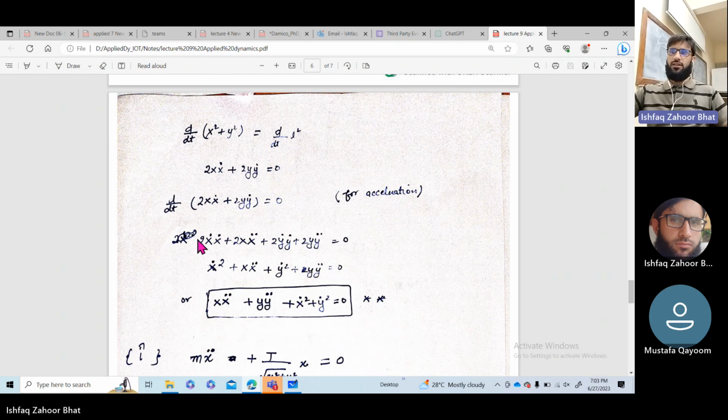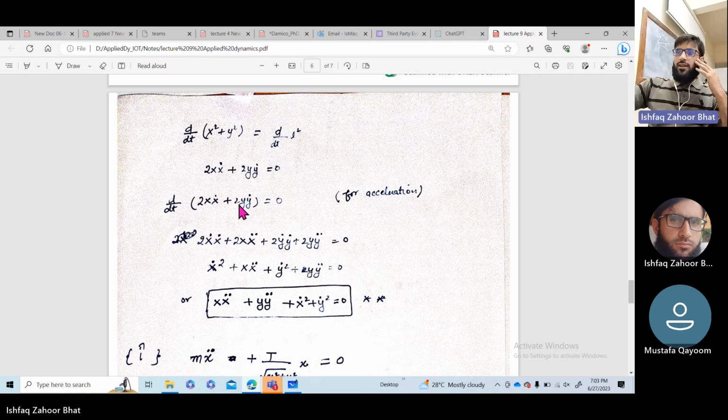Differentiation of the first gives 2 x dot, and x dot is the same, plus taking this as u and this as v, differentiation of x dot is x double dot. So you get 2 x dot square plus 2 x x double dot. Similarly for y, you get these two terms. Cancel out the 2, and you get x x double dot plus y y double dot plus x dot square plus y dot square equal to 0.